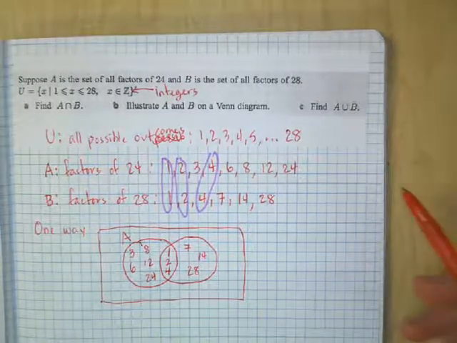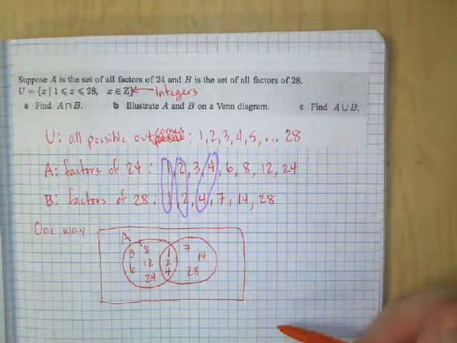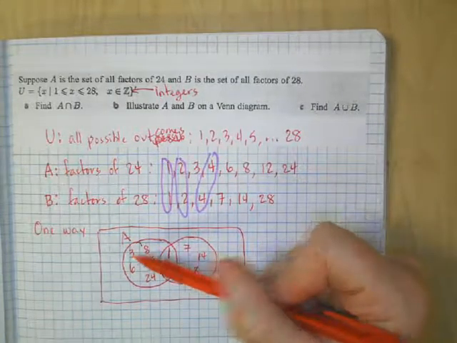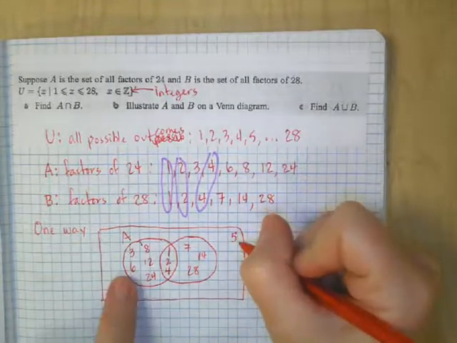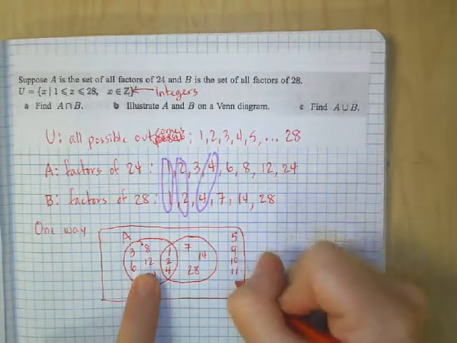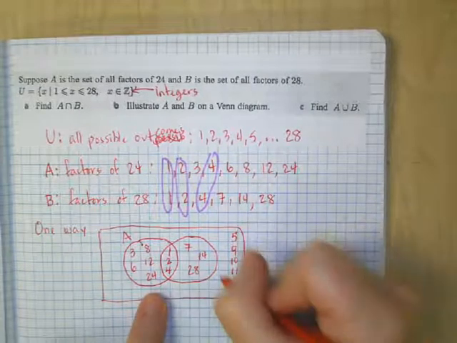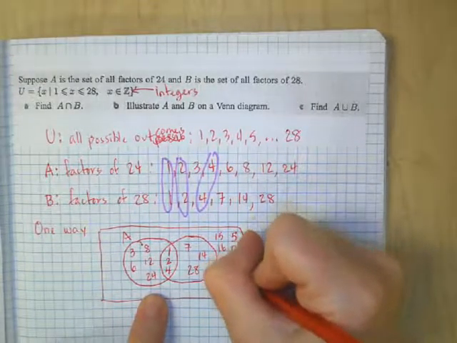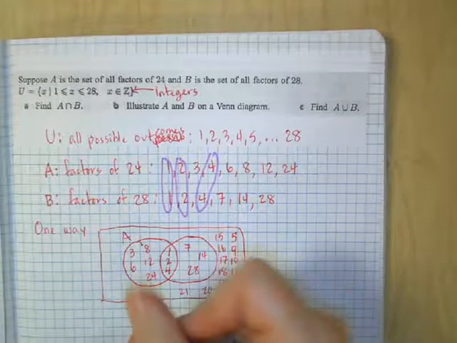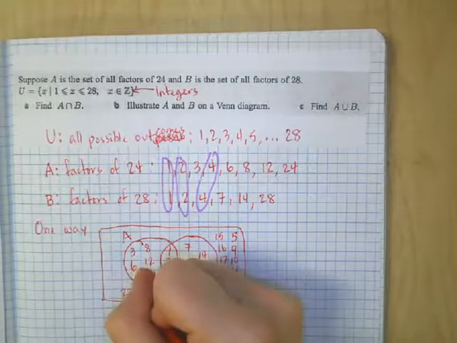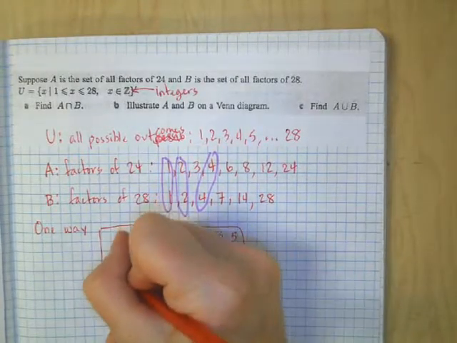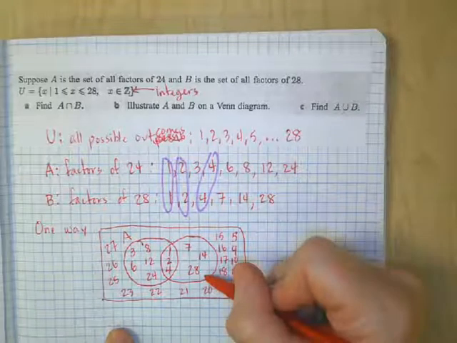Now, I have a bunch of numbers that need to go in my universal set. So I want all these numbers to be in my rectangle. So I've got 1, 2, 3, 4, I'm missing 5, 6, 7, 8, I'm missing 9, 10, 11, there's 12, I'm missing 13, there's 14, and then I'm missing 15, 16, 17, 18, 19, 20, 21, 22, 23, there's 24, 25, 26, 27, and there's 28, and that's it.